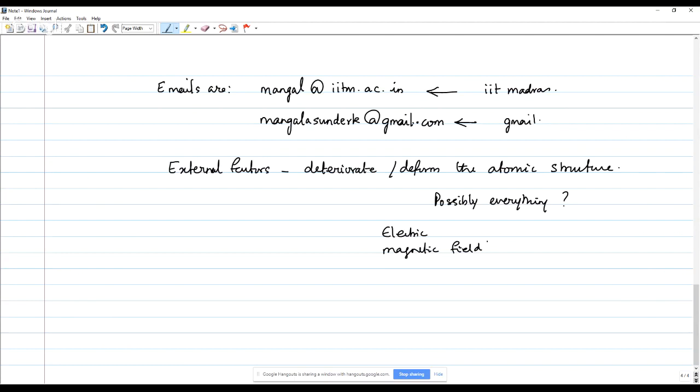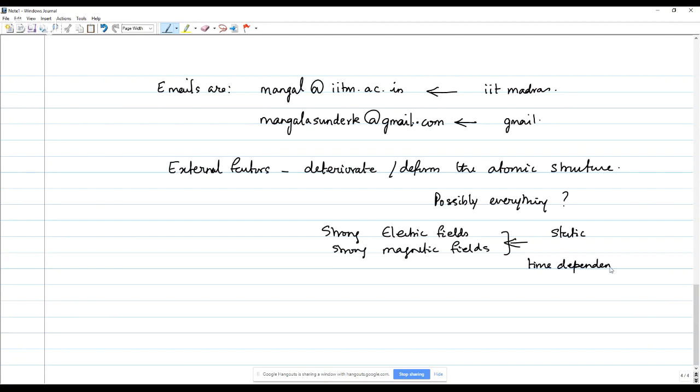Gravitational field is almost absolutely nowhere of any importance in the structure and the study of atoms. But strong electric fields and strong magnetic fields are good sources for changing the structure of the atom or the electronic structure in some way or the other. This can be a static electric field, or this can be time-dependent or oscillating electric fields.